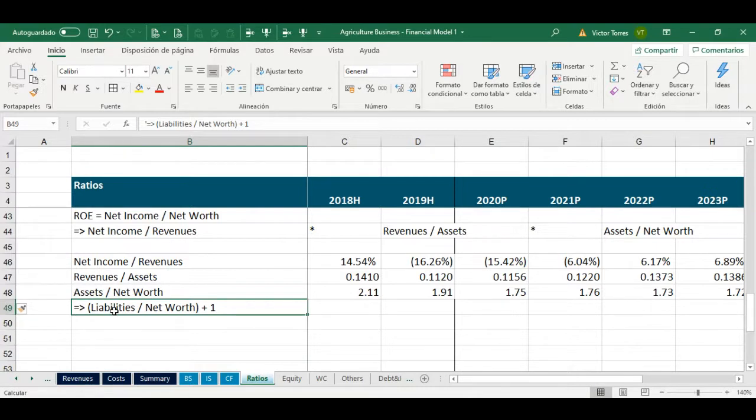It has to do with operational leverage. Your suppliers are giving you 60 days, 90 days to pay them back, your employees are giving you some time to pay them, or the SUNAT, the tax authorities, are giving some time to pay. You are basically leveraging on top of that.